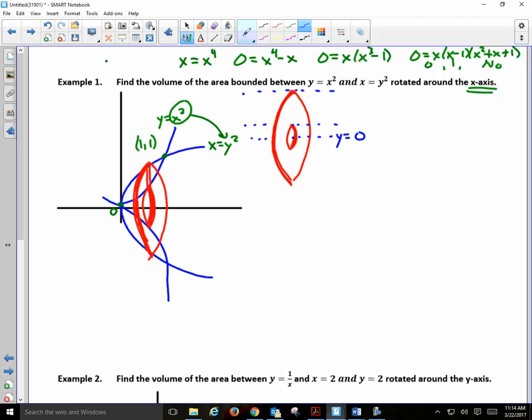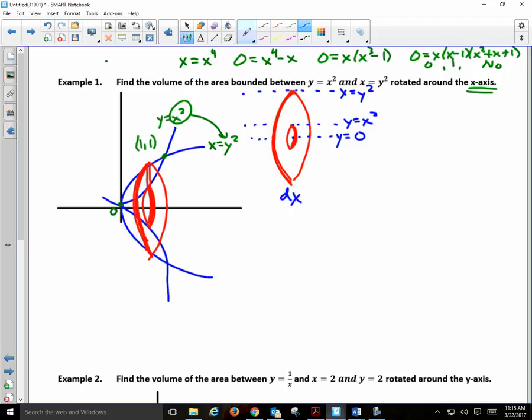What's the inside of the washer formed by? Yeah, if you look at your picture, it's y equals x squared forms the inside. How about that top part of the washer? x equals y squared.